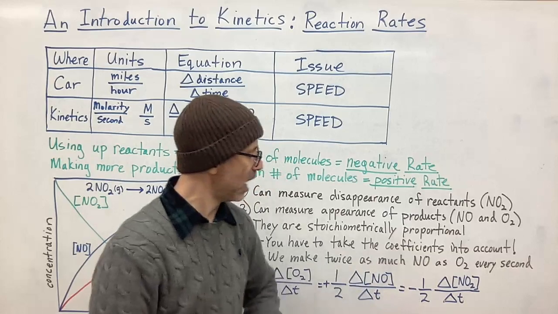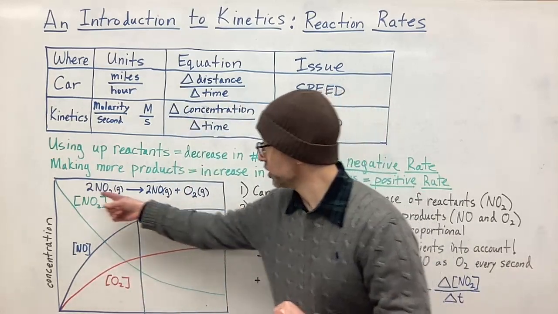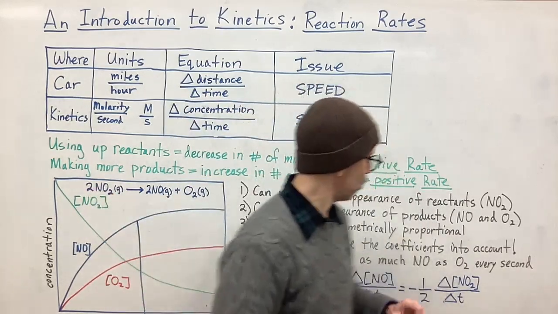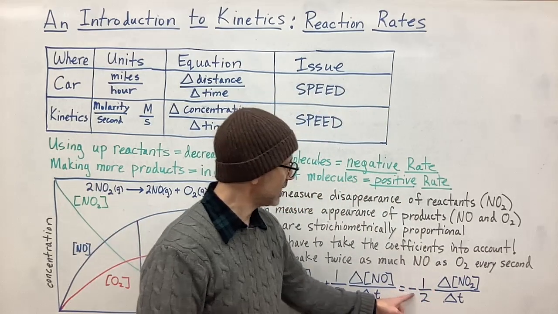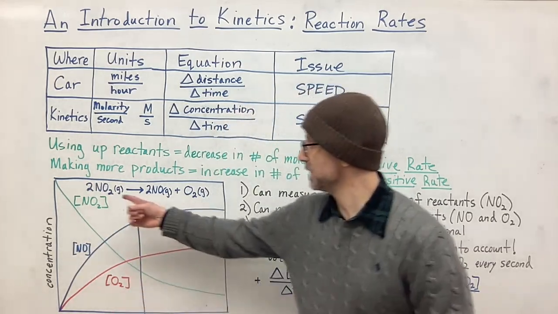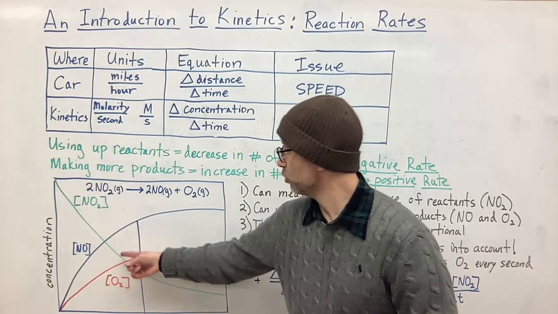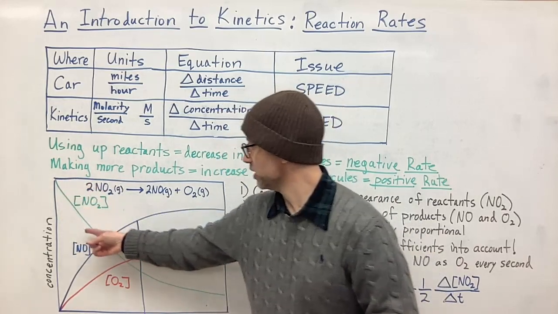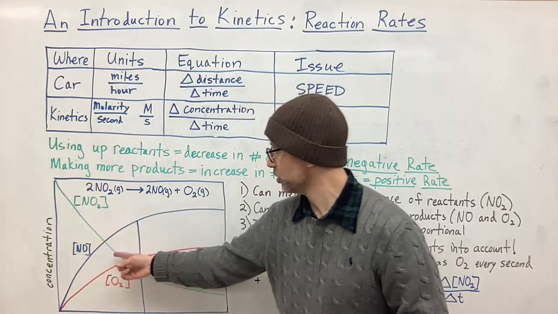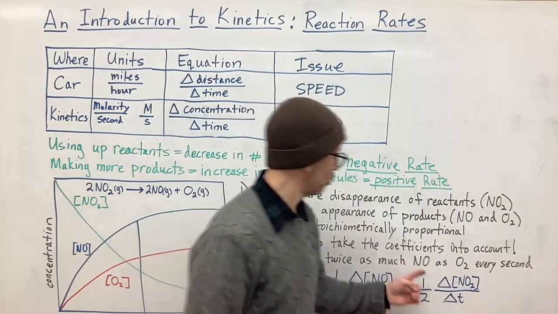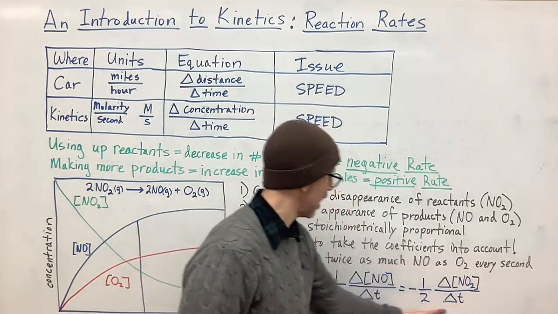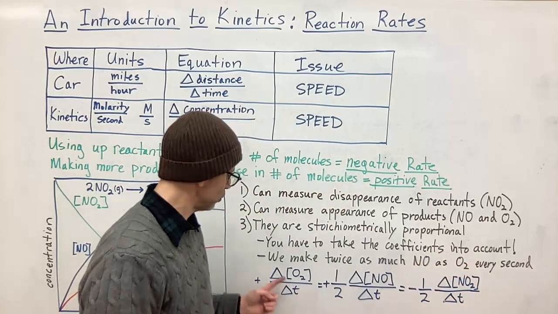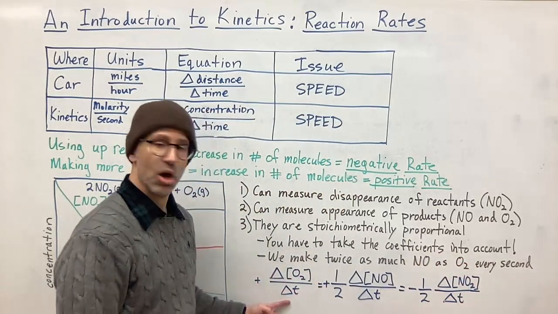Again, it's 1/2 because my coefficient here is 2. It's negative because here I'm decreasing the amount of NO2, so the change in concentration is negative. I'm losing particles of NO2, so it's negative. So this negative change is equal to the positive change in O2.